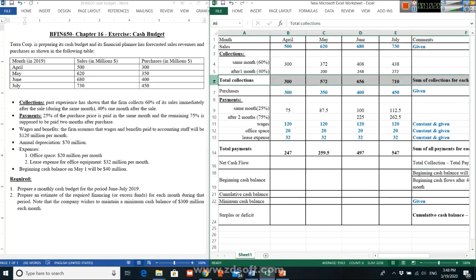So total collection minus the total payment equals total collection minus total payments for every month. Okay, so this is the net cash flow during April.